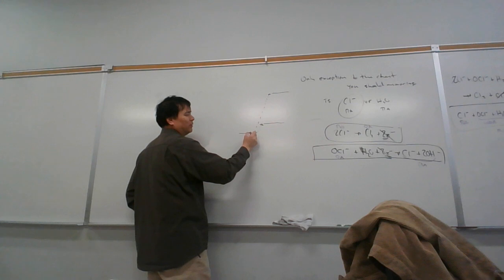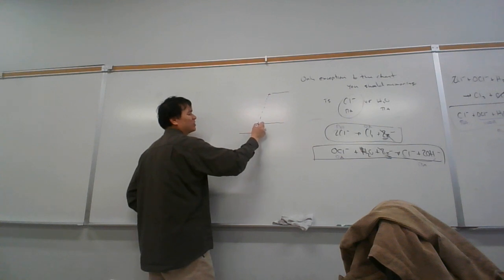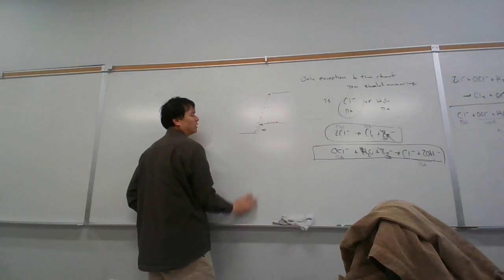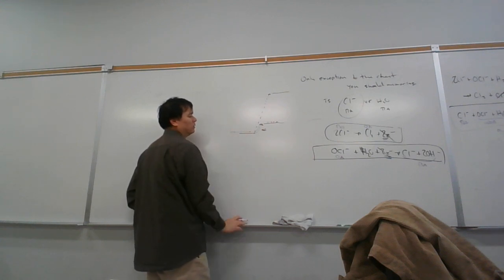If it's a small hill, then we have something called the dynamic equilibrium curve, in which there are going to be some population of product here, but a larger population of reactant here. So we end up with partial reaction.